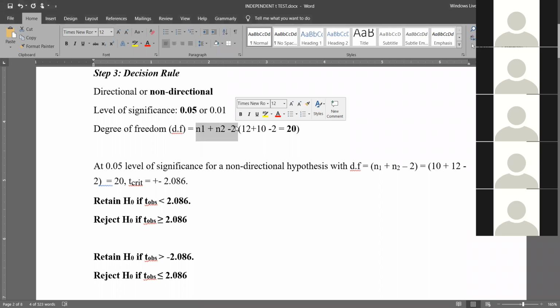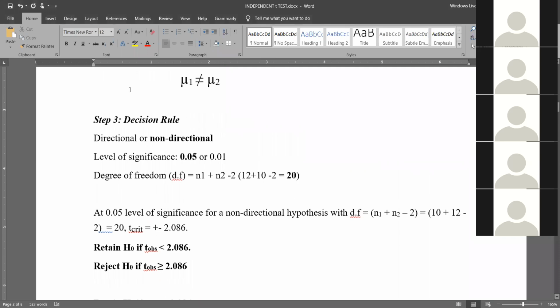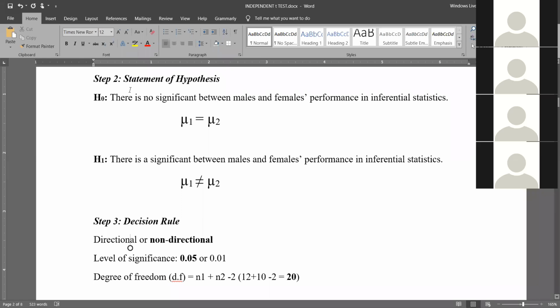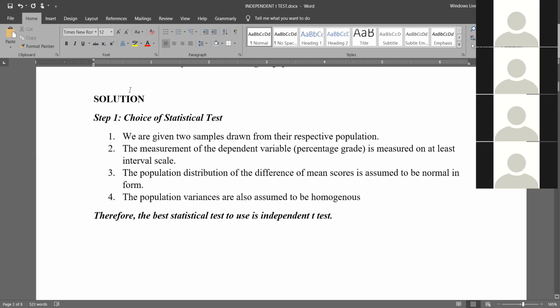You mentioned directional and non-directional. So that's what we want to get. I highlighted directional and non-directional when I was talking about statement of hypothesis. For us to say that a hypothesis is directional or non-directional, it solely depends on the alternative hypothesis, the prediction that was made in the question. So you go back and check the prediction that was made.